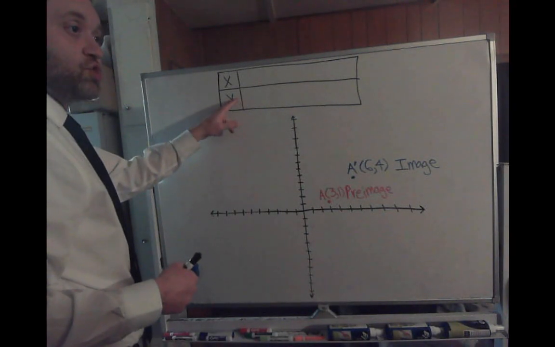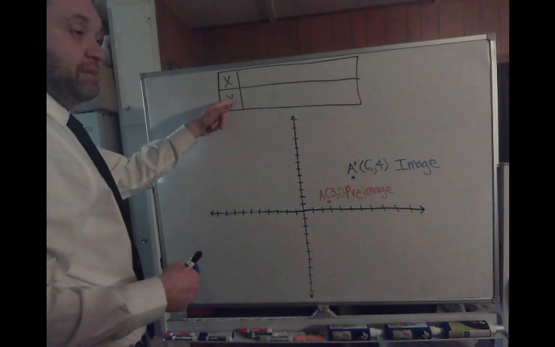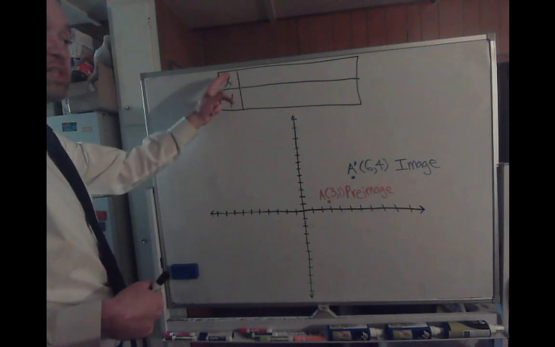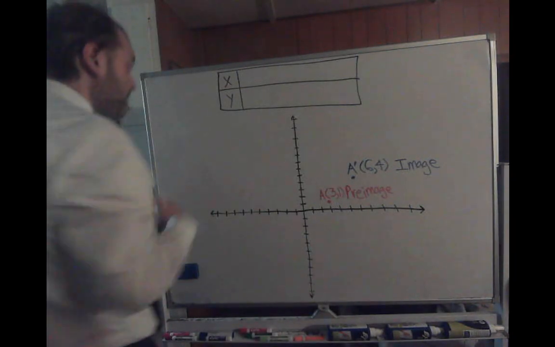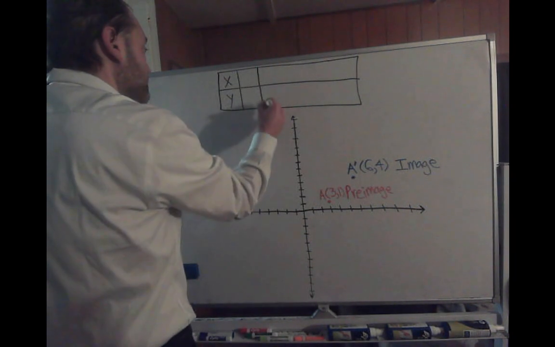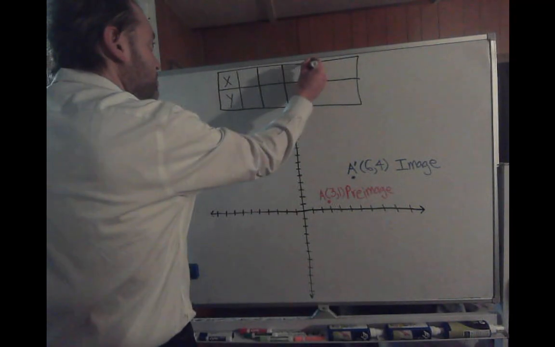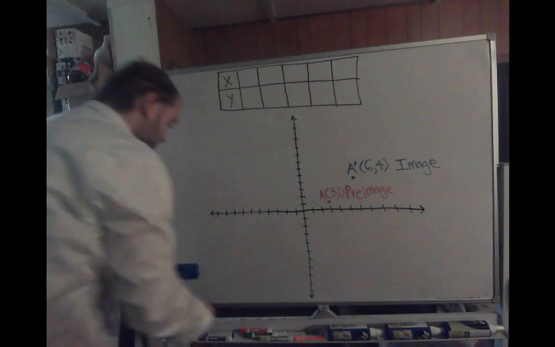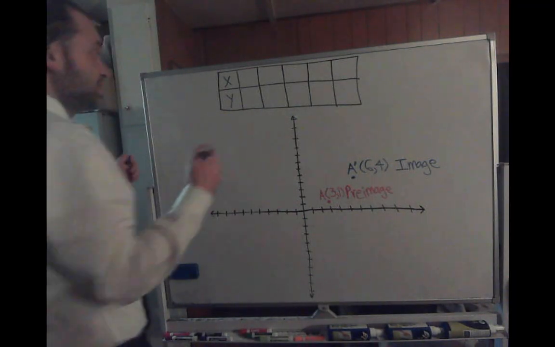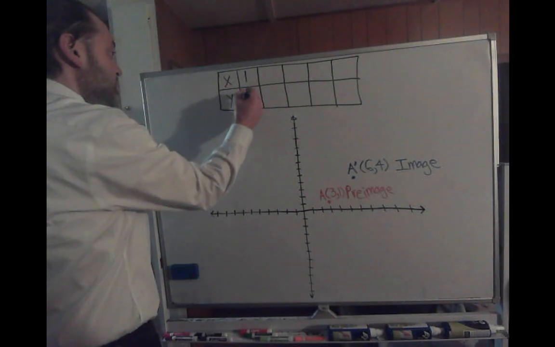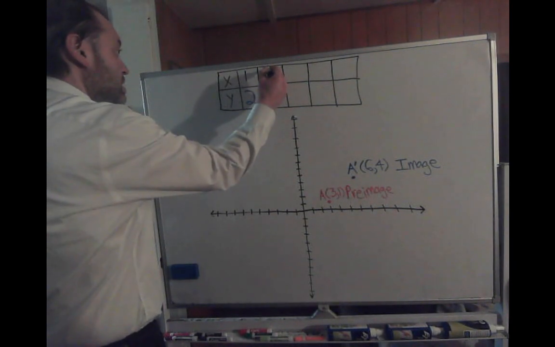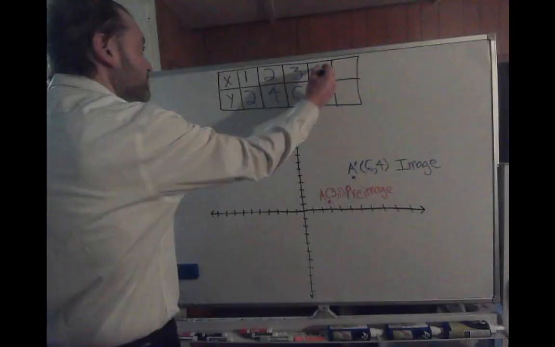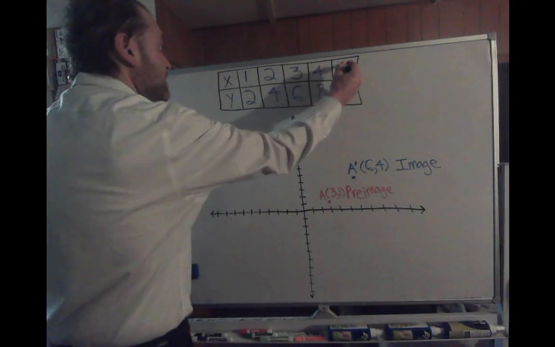Y is your range and your dependent variable. X is also called your input, Y is your output, because you put in an x, you get a y value, right? Well, let's just arbitrarily put in some numbers, and we'll determine if the function is one-to-one. These are all functions. Okay, so let's say I have (1, 2), (2, 4), (3, 6), (4, 8), and (5, 10).